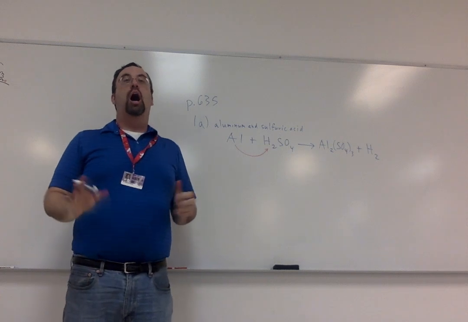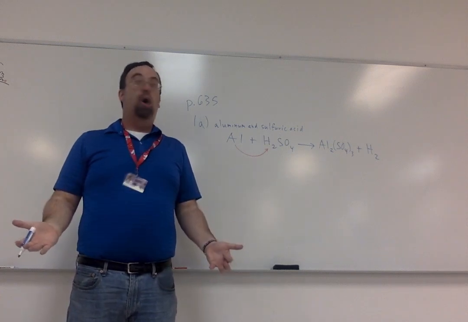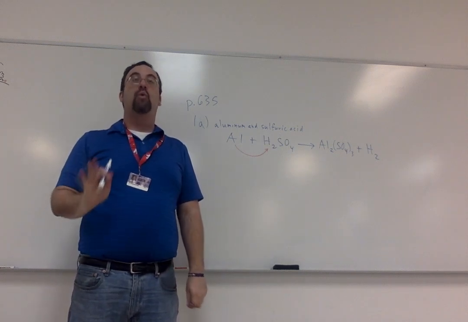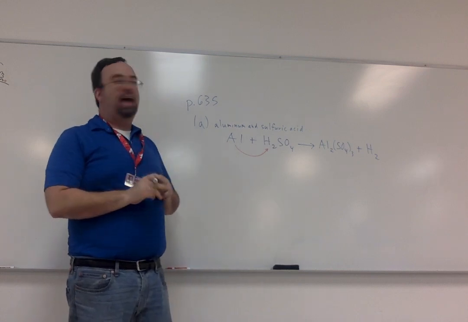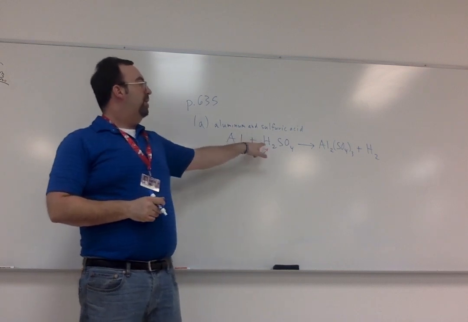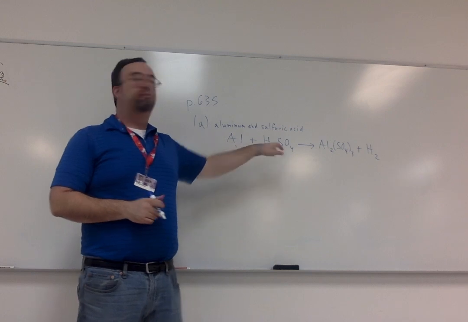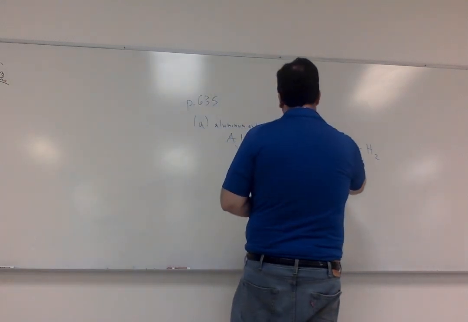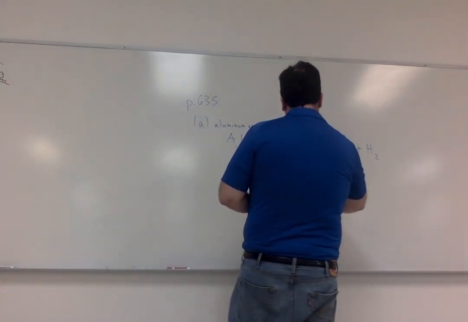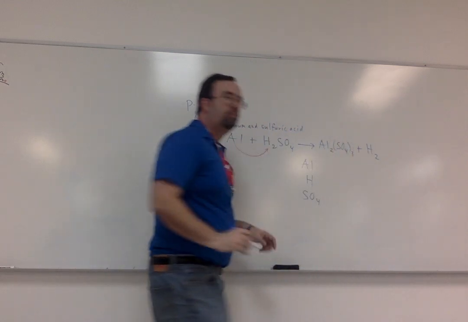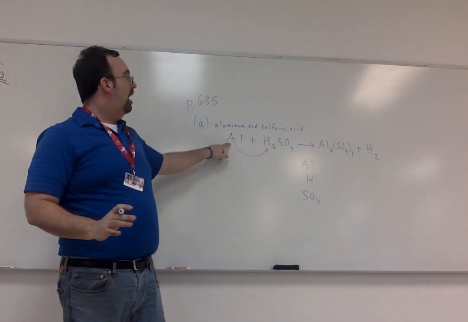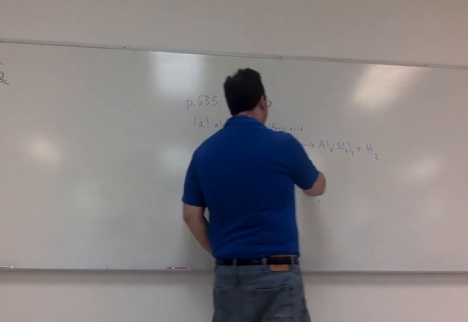And so, are we done? No, because notice that this is not quite balanced. Notice we have aluminum, we have hydrogen, and we have sulfate. So I'm going to go ahead and put this here. So aluminum, hydrogen, sulfate. On the reactant side, I have just 1 aluminum.